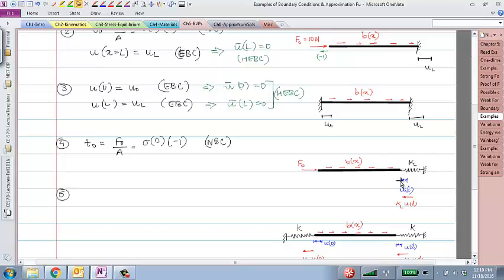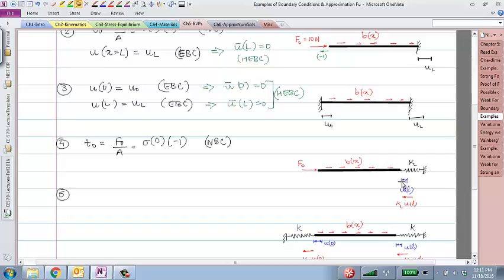Do I know the displacement here? I don't know the displacement here. So the displacement here is not given to me. I can find it, of course, but it's not given to me. So it's a mixed boundary condition, as we saw in the examples for those strong form also.